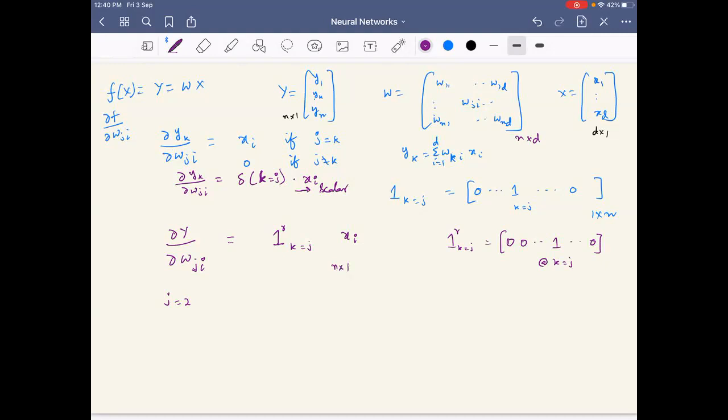Please note that if y is n cross 1, this is 1 cross n, because we have written it as a row vector. This is for notational convenience.